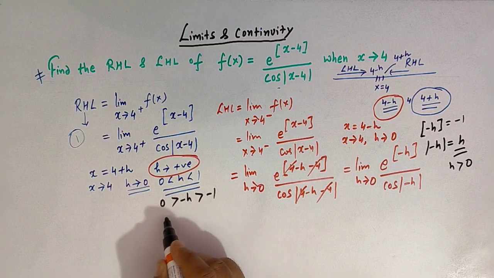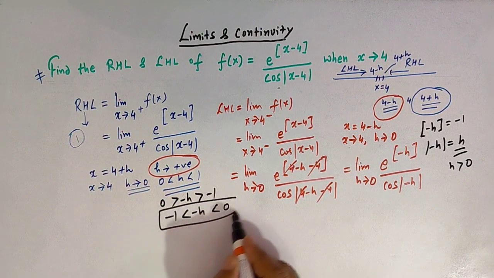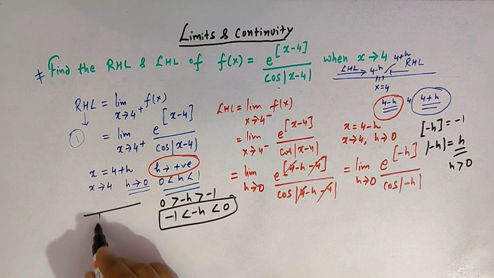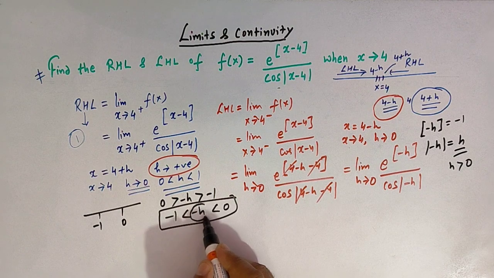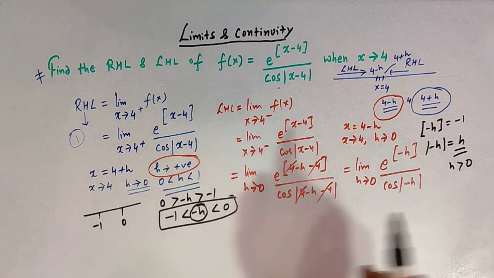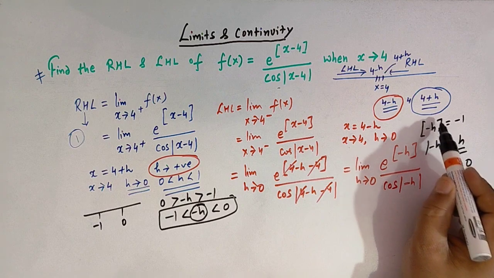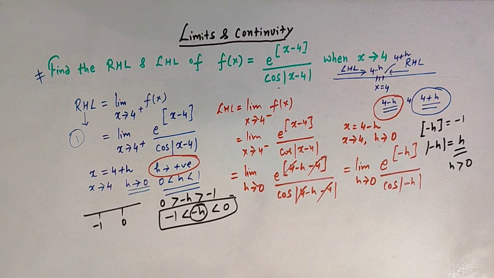So this inequality can also be written like this, and we see that minus h lies between minus 1 and 0, right? So here we have minus 1, here we have 0, and minus h lies somewhere between minus 1 and 0. So from the definition of greatest integer function, the value of greatest integer of negative h must be equal to negative 1, right?